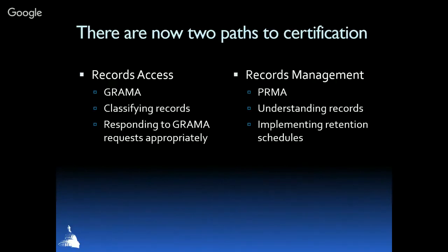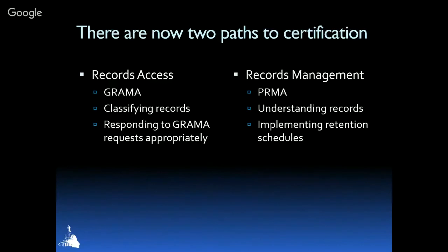because records officers who are not assigned the duty of responding to GRAMA requests felt that the records access and GRAMA training is irrelevant to what they do every day. That usually happens in larger agencies where they have quite a few records officers assigned and they divvy it out. And so there are some that are not allowed to even respond to requests. But they still had to certify.